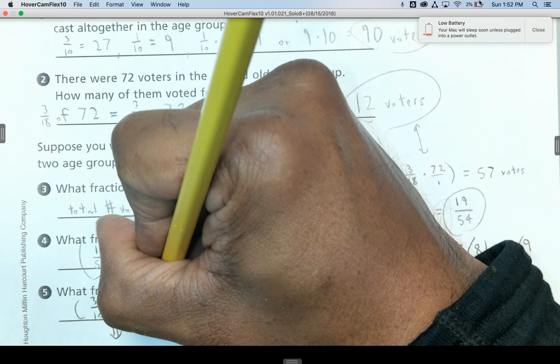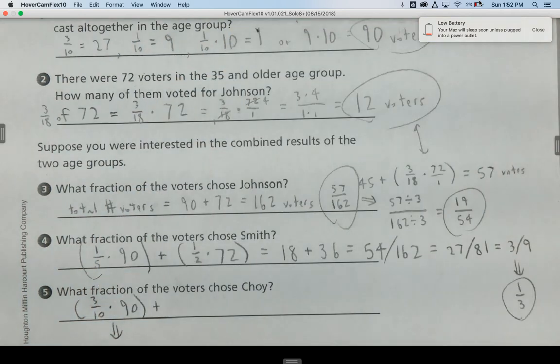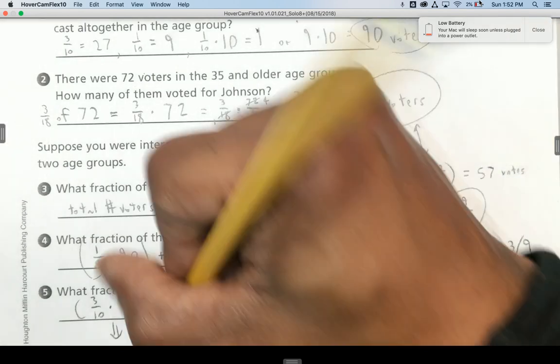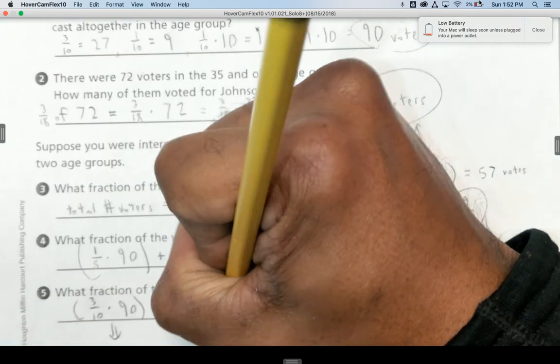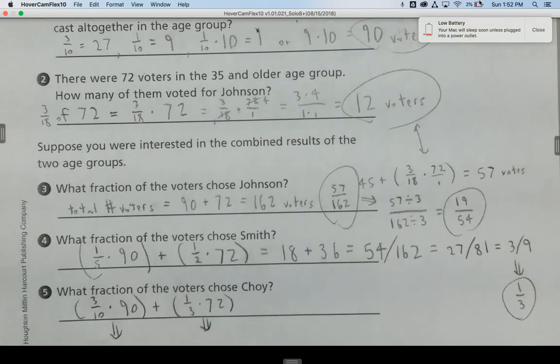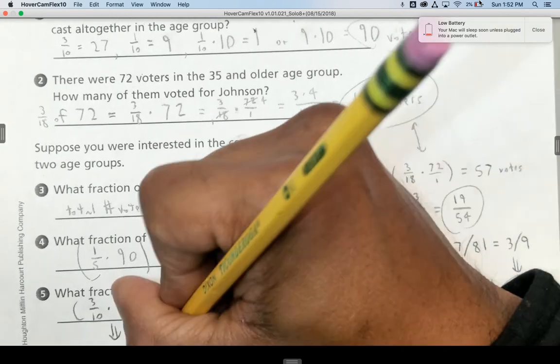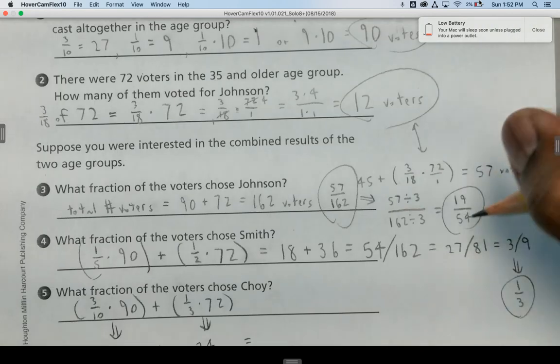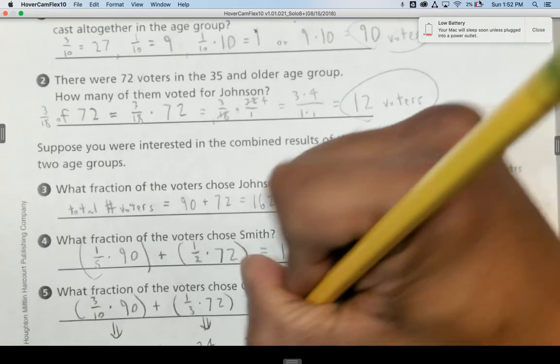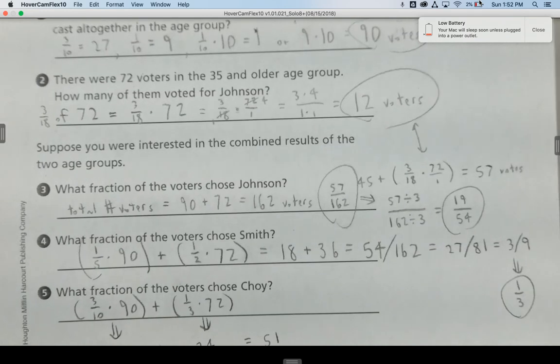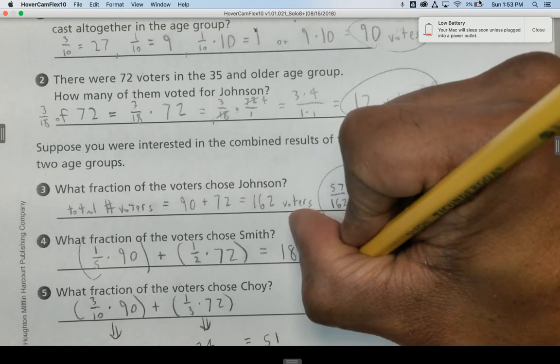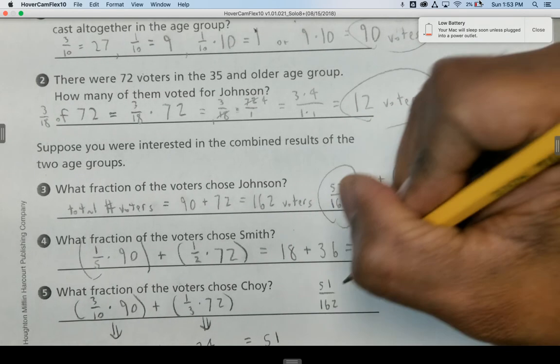Now figure out the votes that Choi got from the older crowd. 1/3 of 72, which is, let's see here, 24. Add these two up. I get 51 votes out of 162. So 51 over 162.